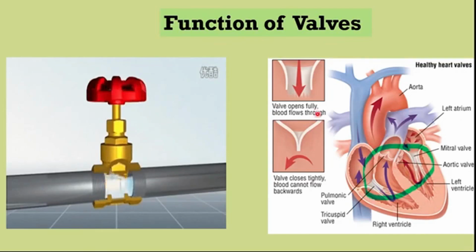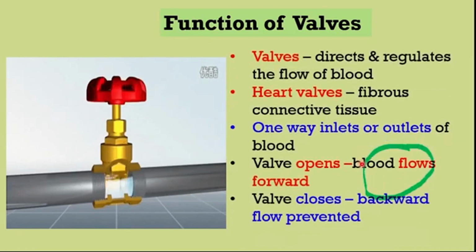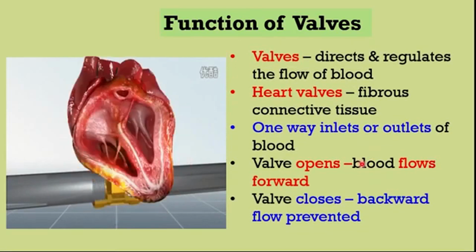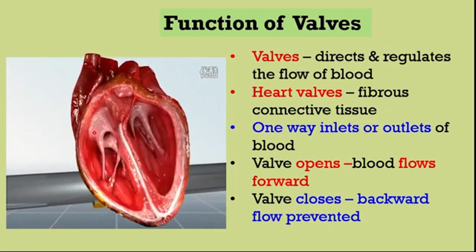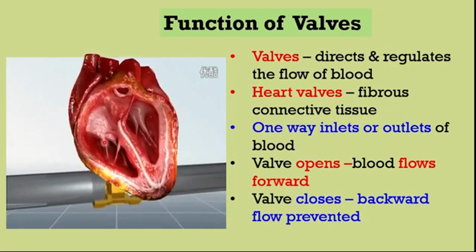They act as one-way inlets or outlets of blood. Heart valves are mainly composed of fibrous connective tissue. As the heart muscles contract and relax rhythmically, the valves open and shut, allowing the flow of blood and preventing the backward flow of blood.